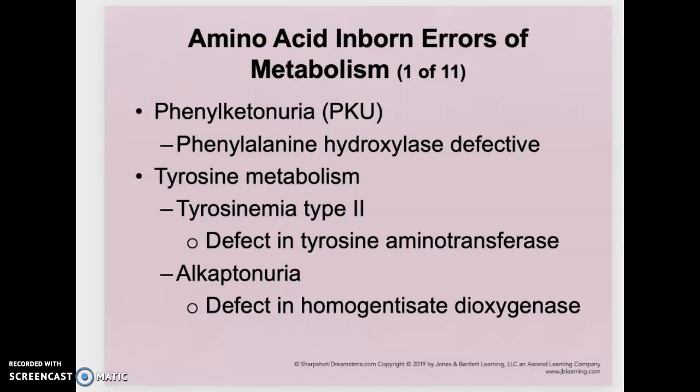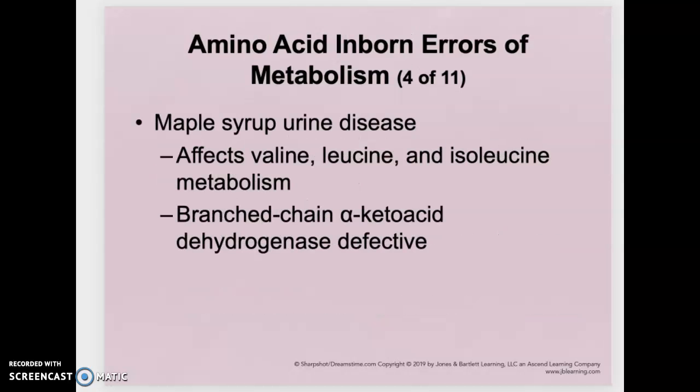They don't have the enzyme to break down phenylalanine, and that can cause it to be built up in the blood and can cause severe mental issues, more so like severe mental handicaps, I should say. So take a look at your book and review those amino acid inborn errors of metabolism. You're going to do that in your assignment as well.